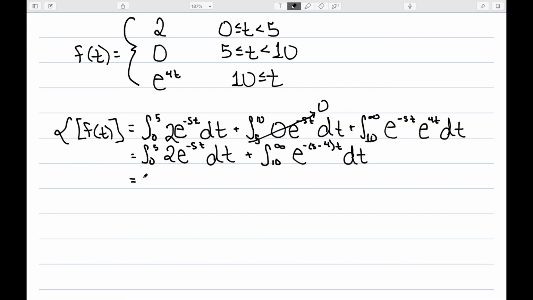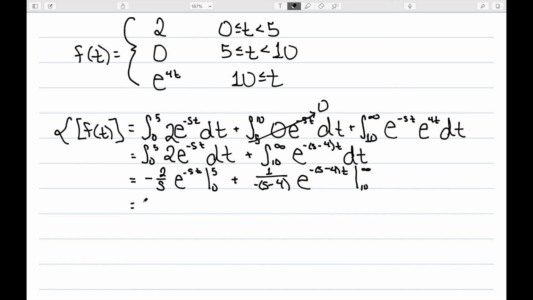When I integrate this first one, I will have negative 2 over s e to the minus st between 0 and 5. Integrating the second one, 1 over minus s minus 4 e to the negative s minus 4t between 10 and infinity.